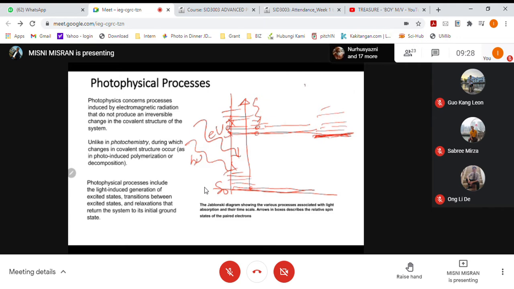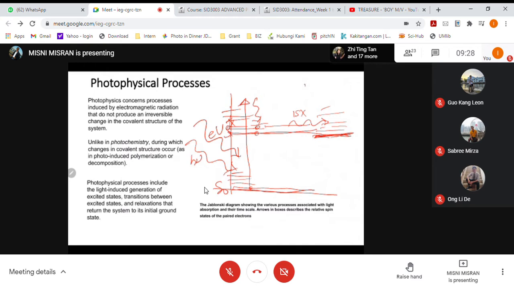The molecule may undergo intersystem crossing. Of course, it might be very fast. Some molecules could be slow. It depends, so we can determine the rate of intersystem crossing.